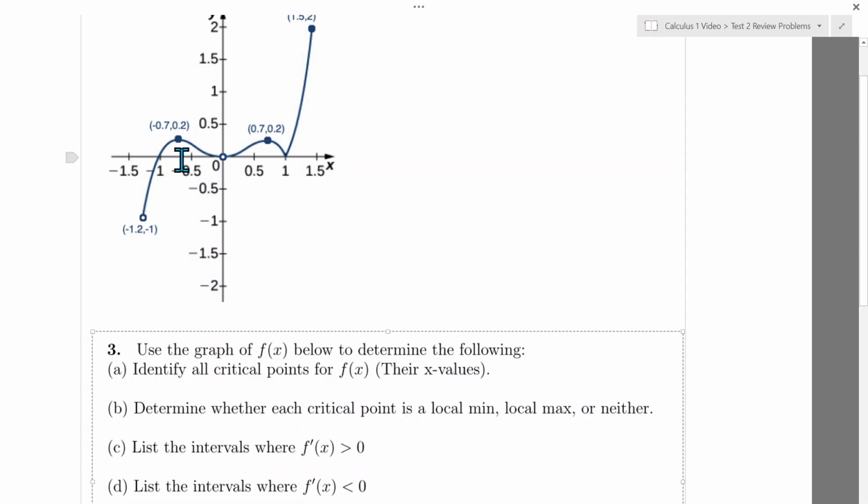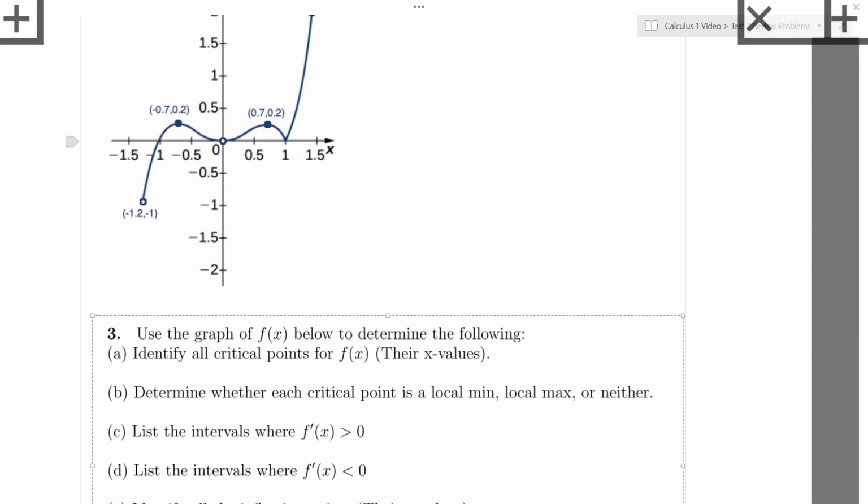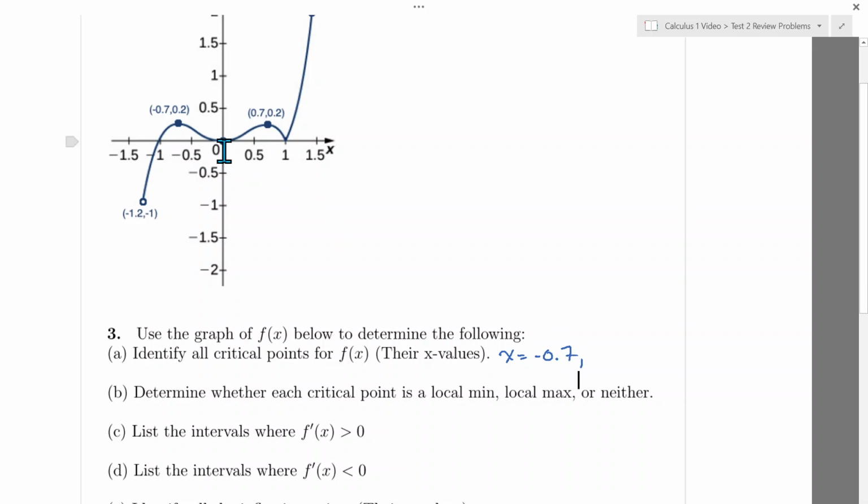So the first one here, the x value is negative 0.7. And then the second critical point here, the x value is 0.